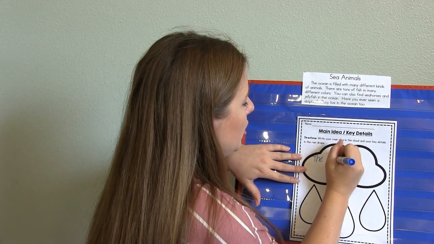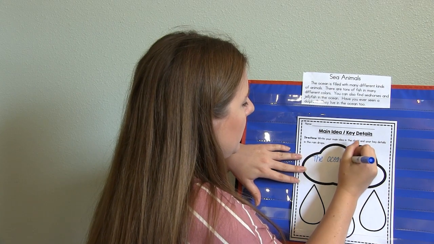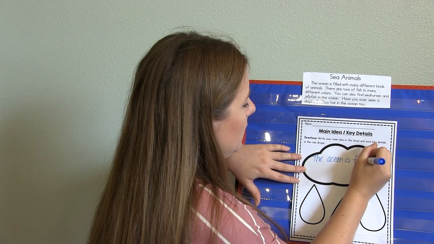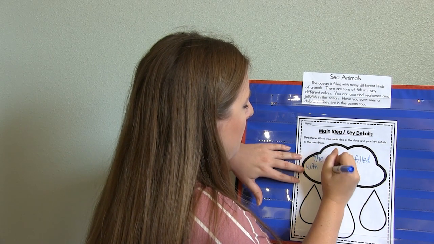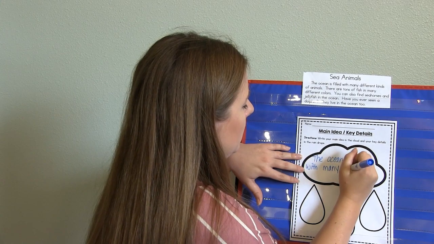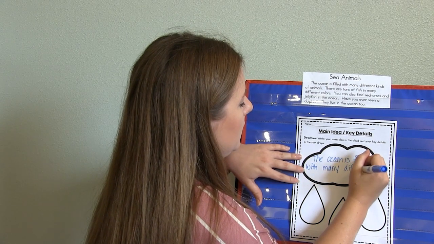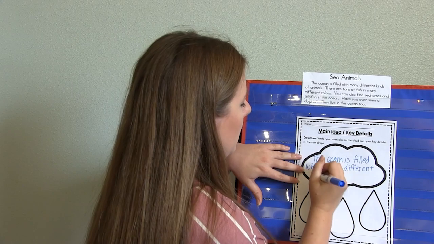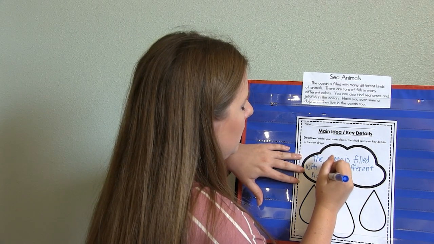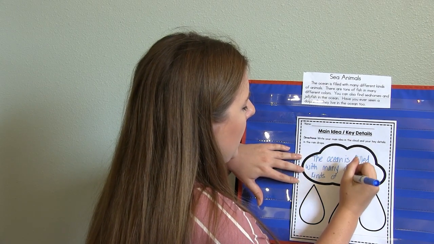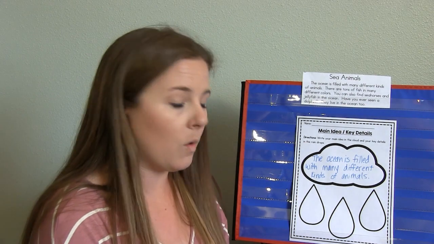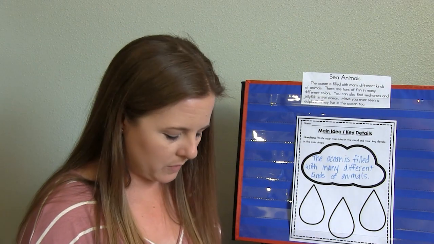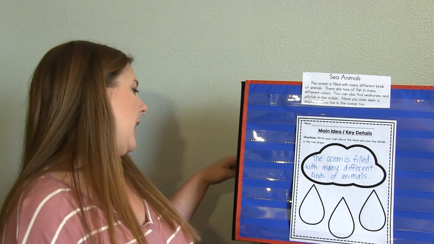The ocean is filled with many different kinds of animals. You were being a really good listener. All right, now we need to find some details from that story to help support that idea.